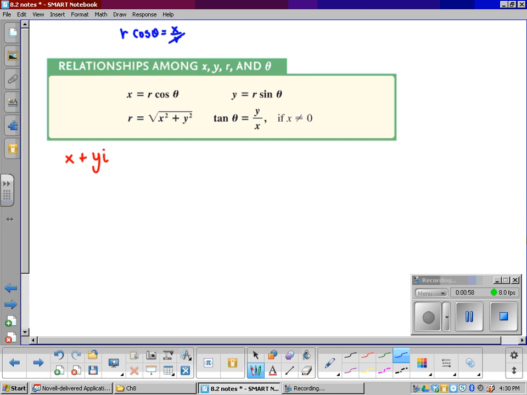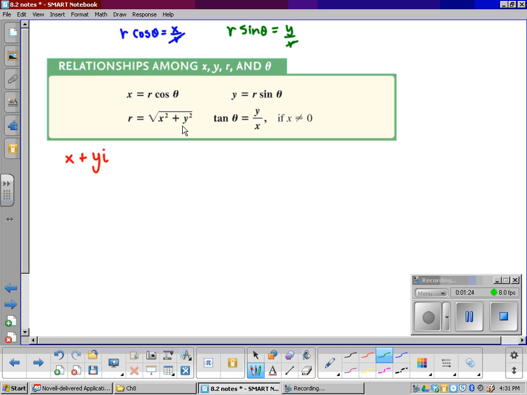You do something similar to the sine theta. Sine theta, as we know, is equal to y over r. If we multiply both sides by r, then we can see that y is equal to r sine theta, which is what we have here. The definition for r itself, it's the radius of the circle that you get when you rotate through a certain angle theta. It's also based on the Pythagorean theorem.